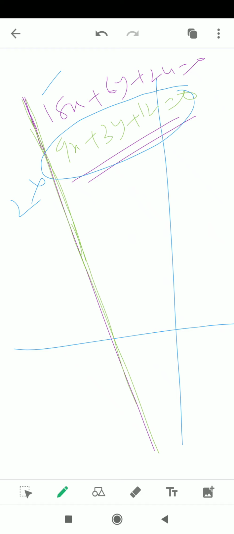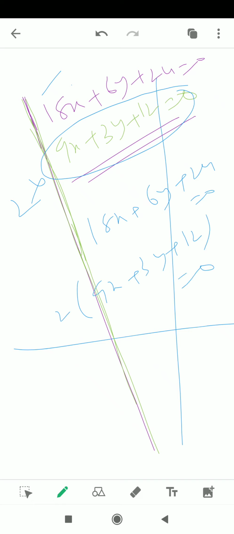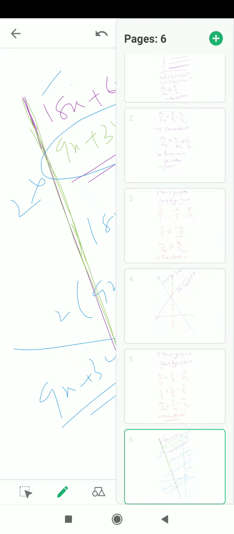If I take 2 common from 18x plus 6y plus 24, it is 9x plus 3y plus 12, and the 2 brought to this side becomes 0. So therefore this is 9x plus 3y plus 12. That means both the lines are same, so they are coincident lines. Coincident means same line only, but algebraically they are different equations.